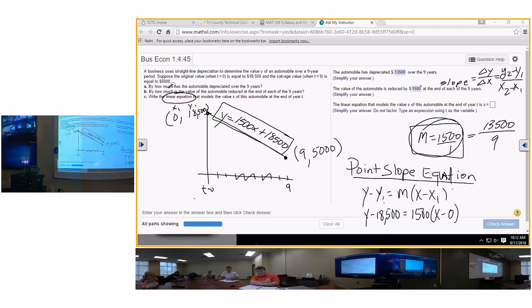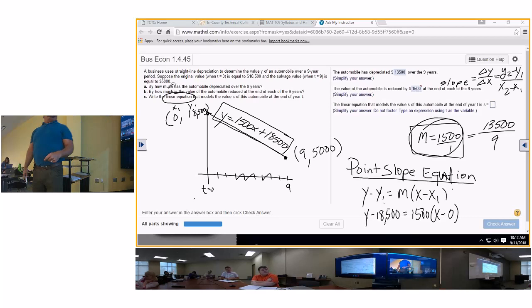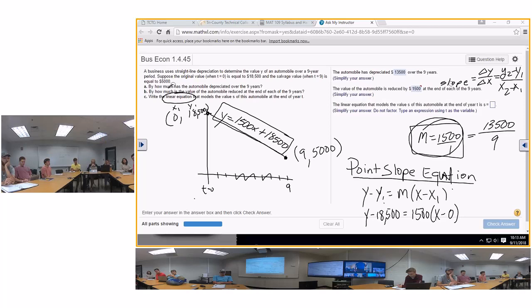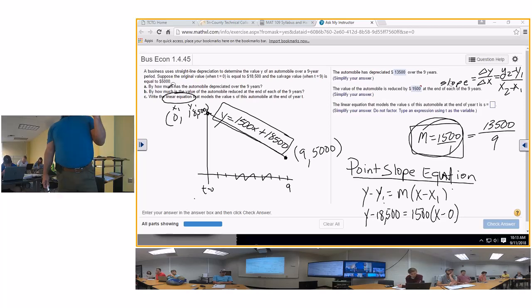So now if you wanted to find what the car will be worth at 10 years, you can plug 10 into that formula, and that'd be 15,000. This should be a negative. That slope should be negative.